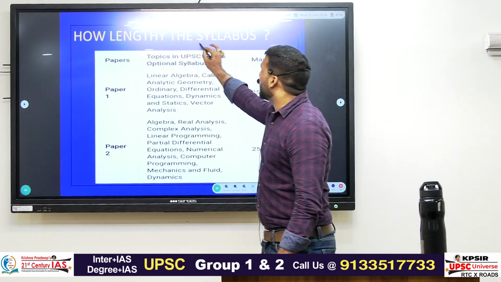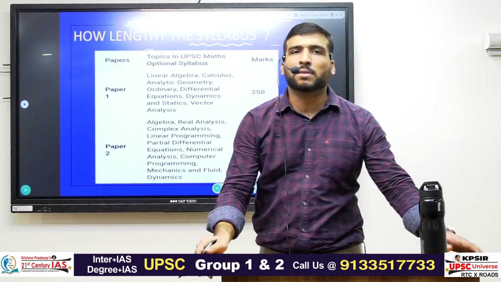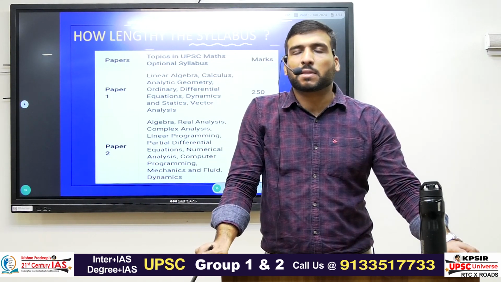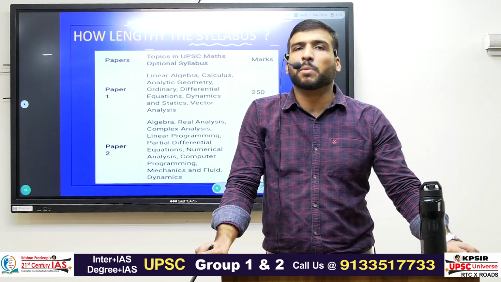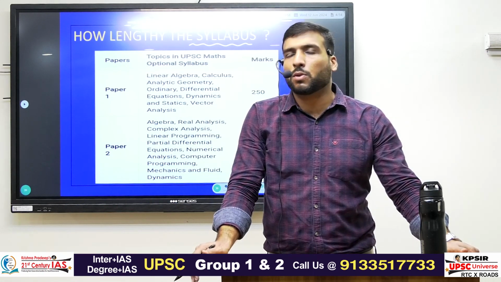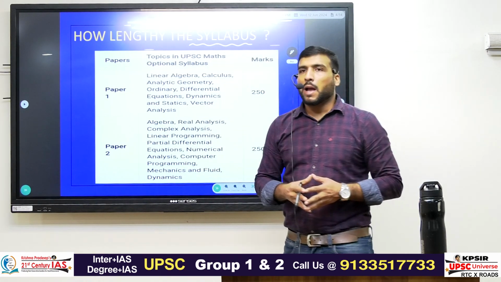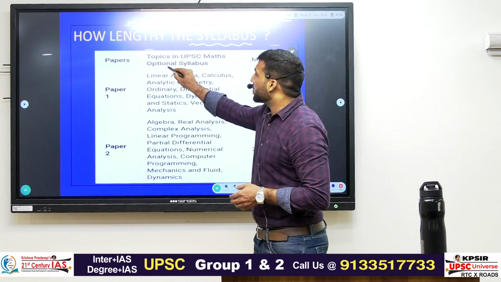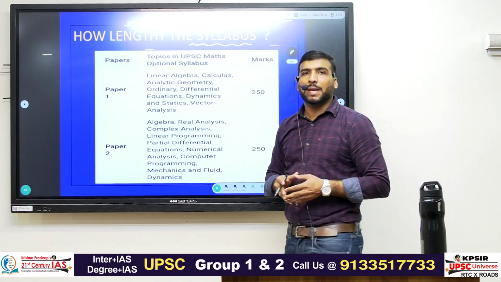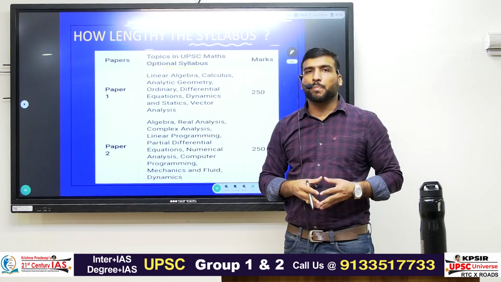Next thing, how lengthy is the syllabus? Basically, maths optional has a little lengthy syllabus, but it still takes around 6 to 7 months to complete, and daily you have to prepare around 1 to 2 hours apart from classes to build strength in the subject. What is the syllabus? There are two papers, paper 1 and paper 2.